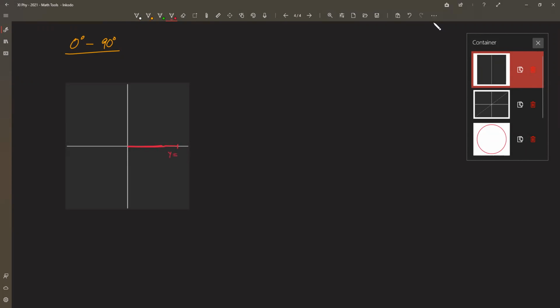So here y is always 0. Similarly, if it is 90 degree, this is the case, 90 degrees here. So in this case, whatever be the value of y, x will be always 0.